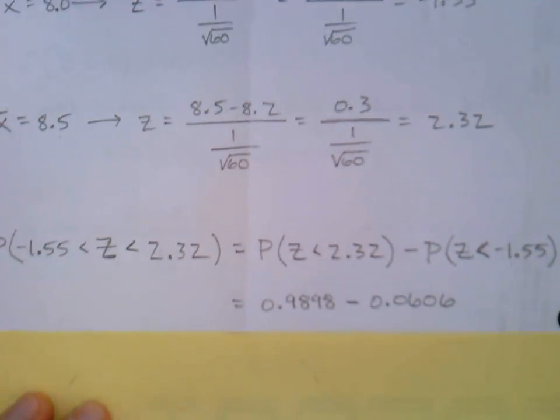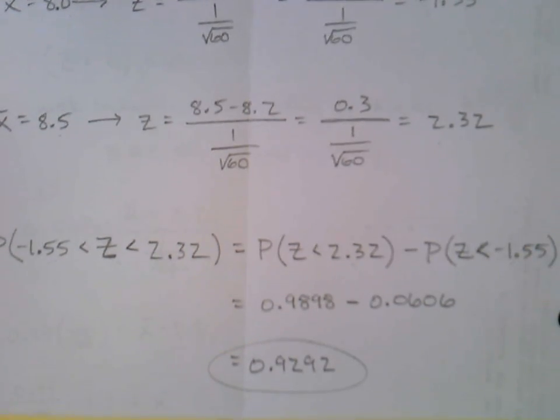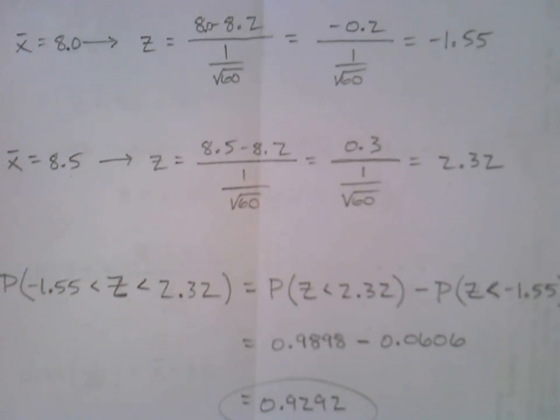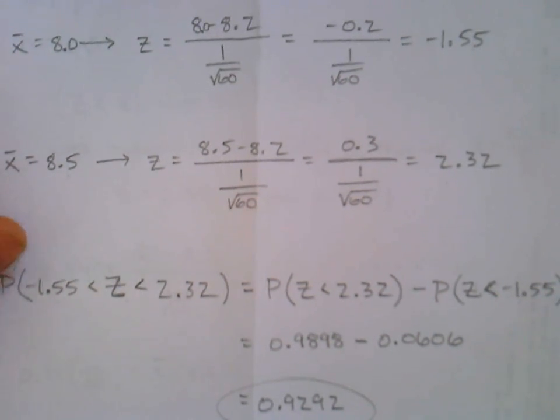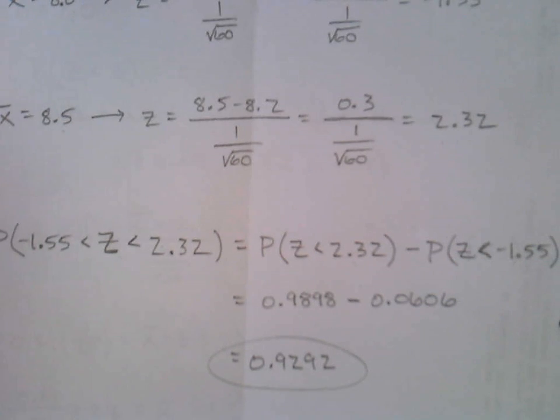A lot of repetition in both those, interesting. And all we've got to do now is subtract, and there's our answer, 0.9292. The probability that x lies between 8.0 minutes and 8.5 minutes. Quite high, almost 93%.